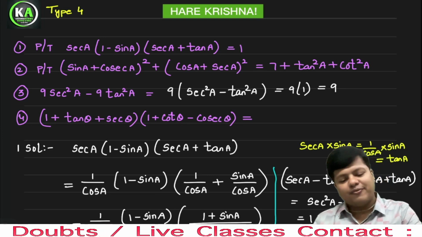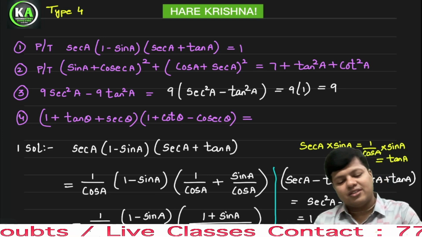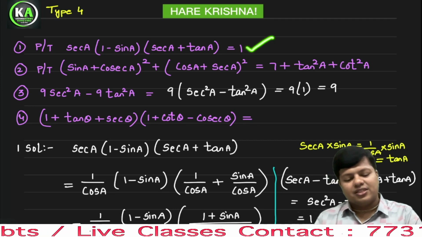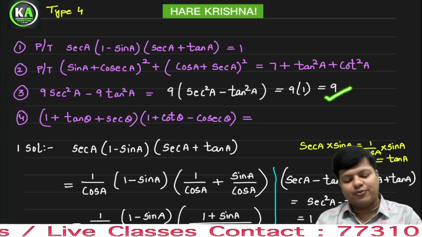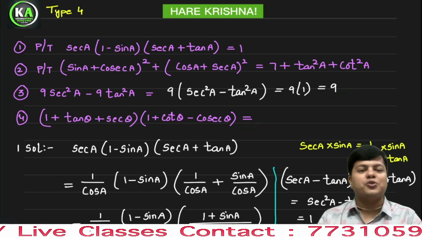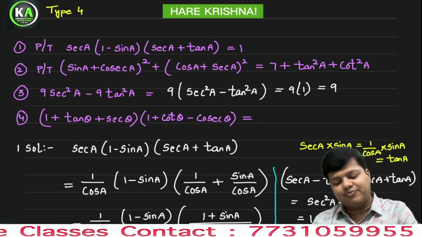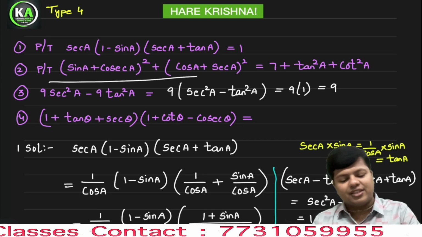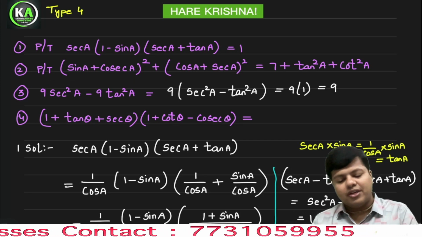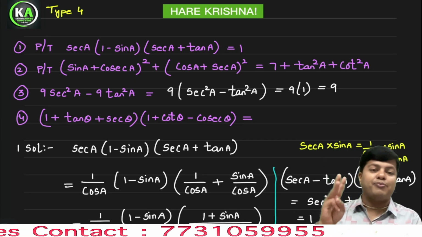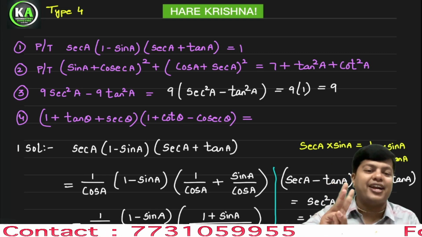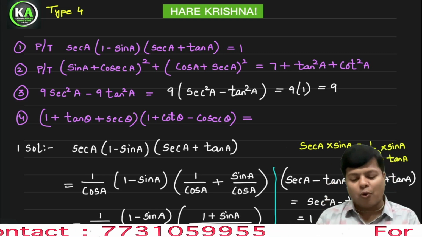So you see, first sum the answer is 1. Third sum answer is 9. Fourth sum answer is 2. There is no theta. And second sum, you can write this sum. I said before also in the first type, because in this second sum there are 3 identities we used, or it is like a whole square type.